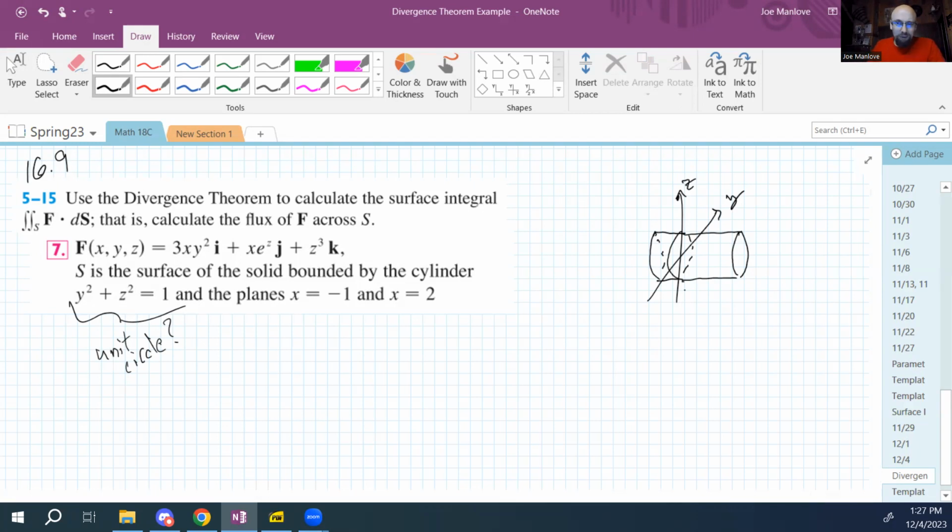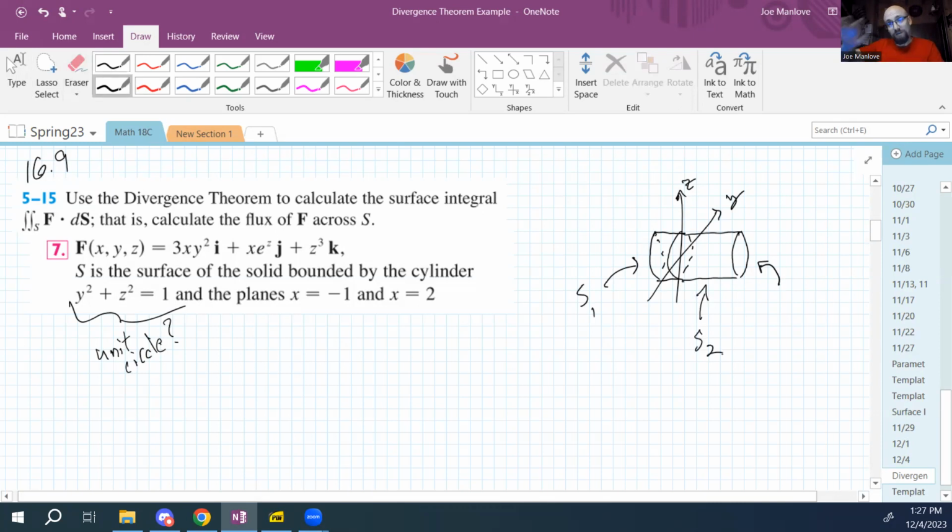And it would be annoying to do this without the divergence theorem. I would need to calculate parameterizations for all three of those surfaces, right? Really, there's kind of two end caps, right? So I'd have to do something like S1 is the left end cap, and let's just call it S2.